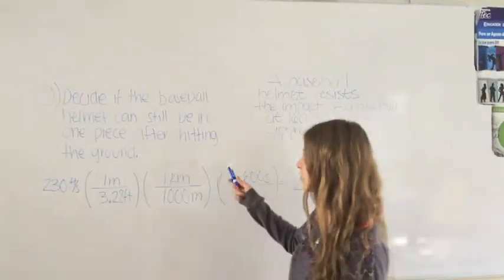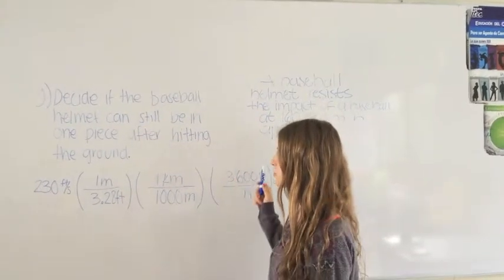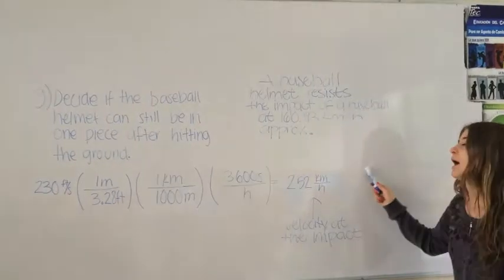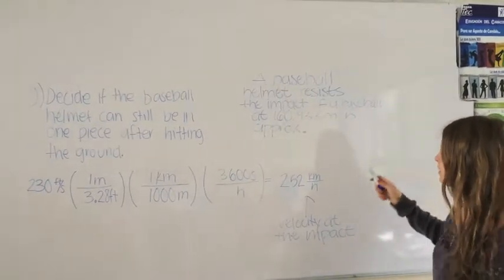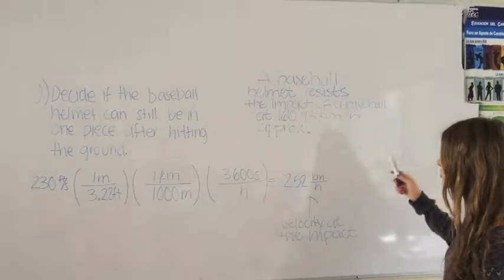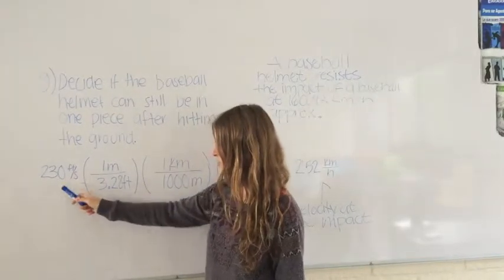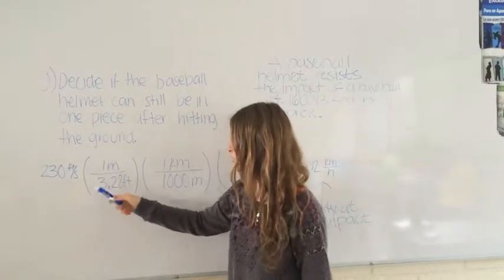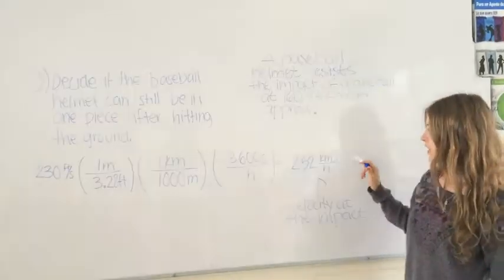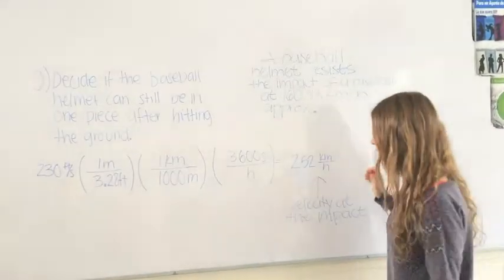Question: they have to decide if the baseball helmet can still be in one piece after hitting the ground. So we have this information. A baseball helmet receives the impact of a baseball at 160.93 kilometers per hour approximately. So we have our impact velocity that is 230 feet per second, and we have to convert that into kilometers per hour.